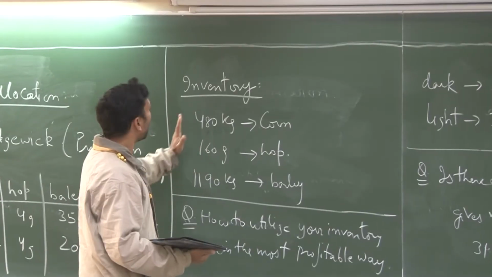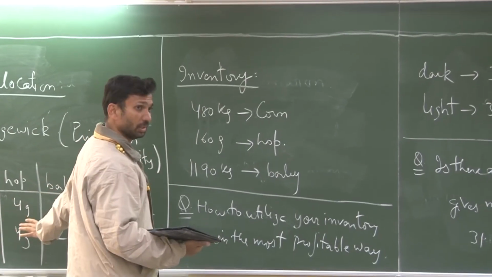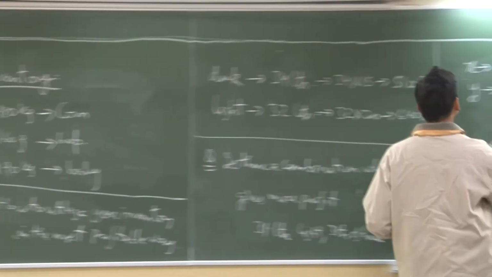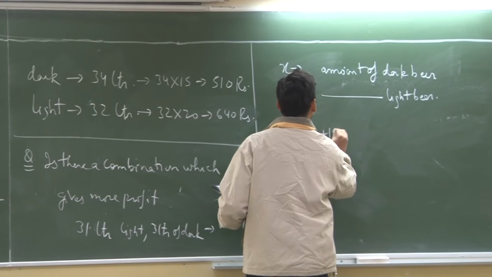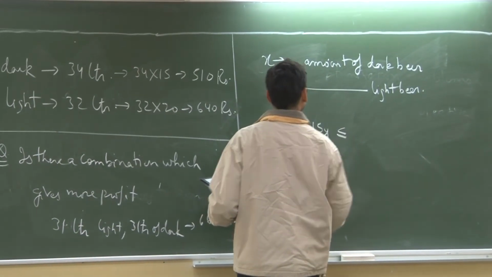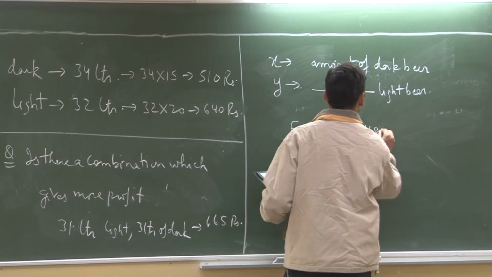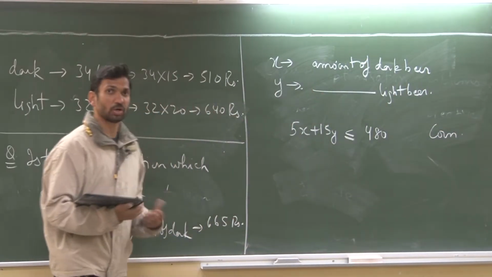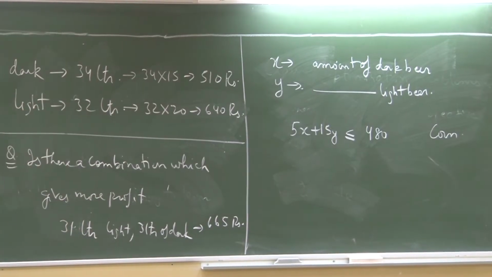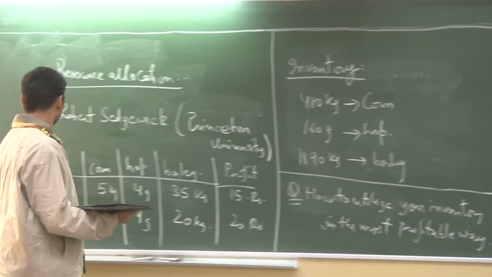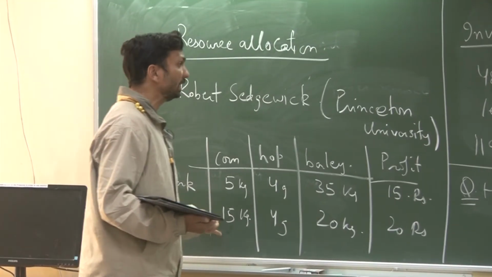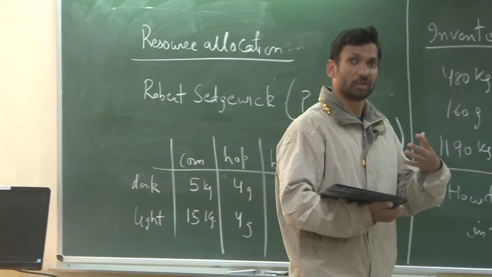Now these three numbers will give a constraint on how much x and y we can build. Obviously, in terms of corn, 5x plus 15y should be less than 480. This is the constraint imposed by corn. Because we have 480 kgs of corn, 5 times the number of liters of dark beer plus the number of liters of light beer times 15, this is the amount of corn we will spend.